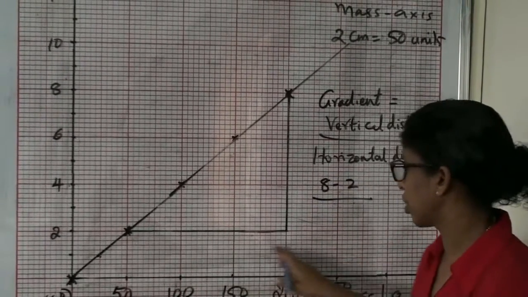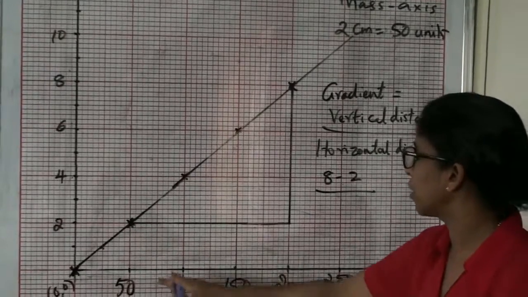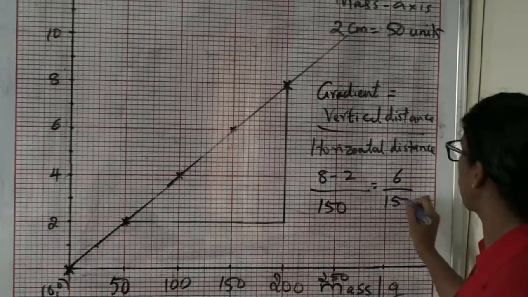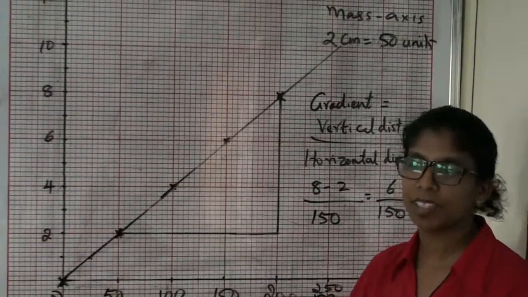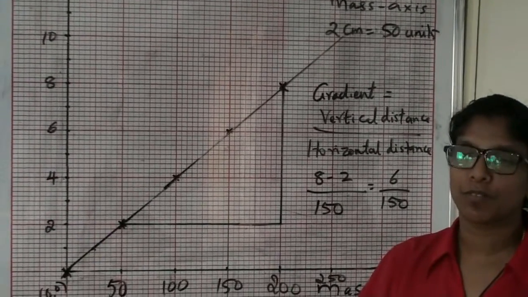Look at the horizontal distance. 200 and this is 50. 200 minus 50 is 150. So 8 minus 2 is 6 over 150. What is 6 over 150? Divide it and tell me the answer.